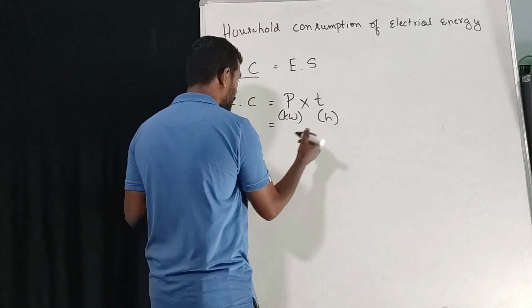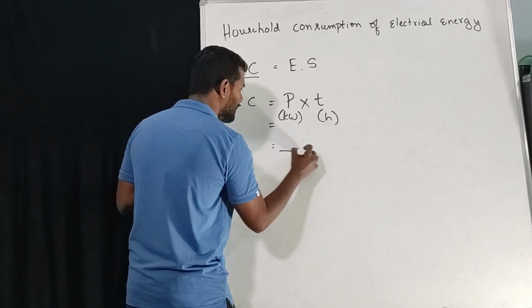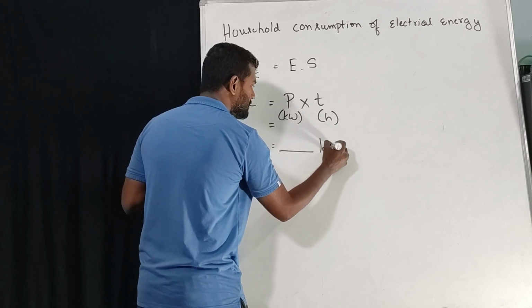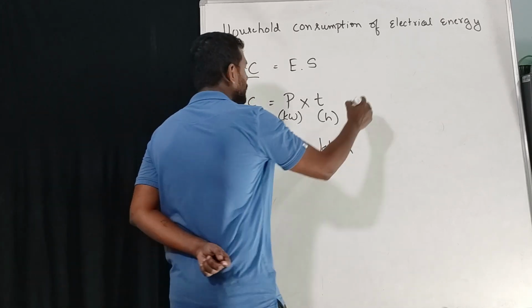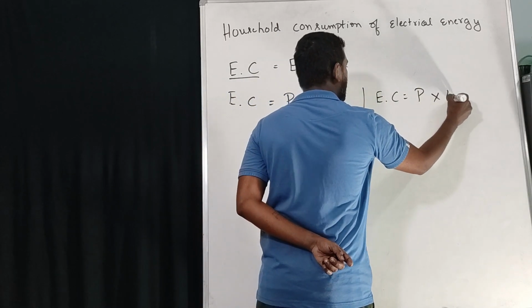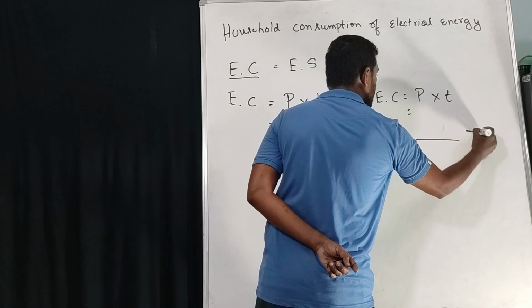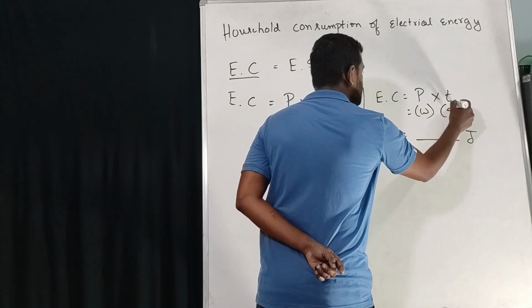Then whatever answer we get will be in terms of kilowatt hour. In the same way, with the same formula, to get the answer in terms of joules, power should be in terms of watt and time should be in terms of seconds.